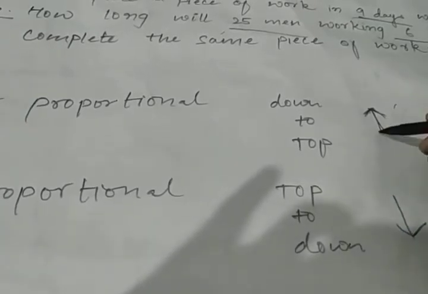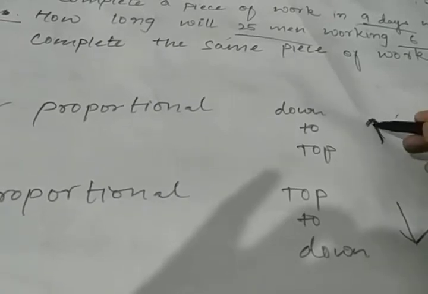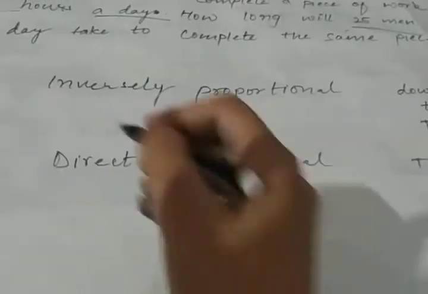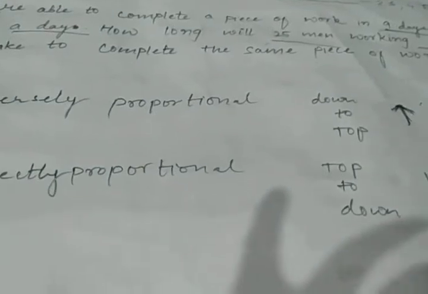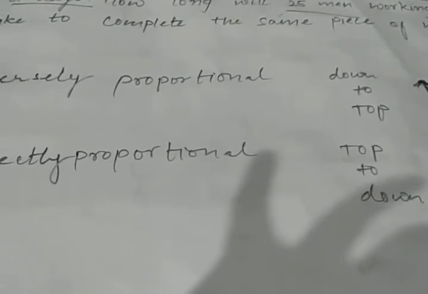That is inverse proportion, and we write its symbol like down to top. The second is direct proportion, and we write it top to down. In direct proportion, when one thing increases, the other thing also increases.